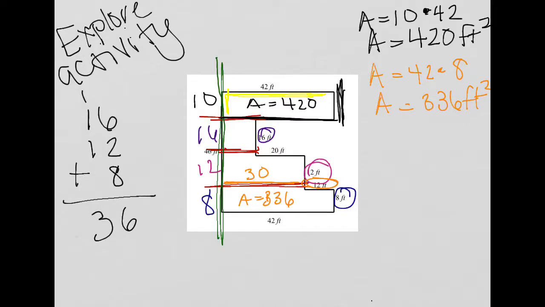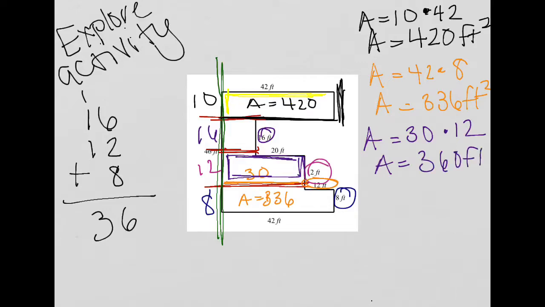Now that gives me enough information to find the area of the next rectangle, which would be here. So now I have 30, which is the length, times 12, which would be the width. And that would give me an area of 360 feet squared.